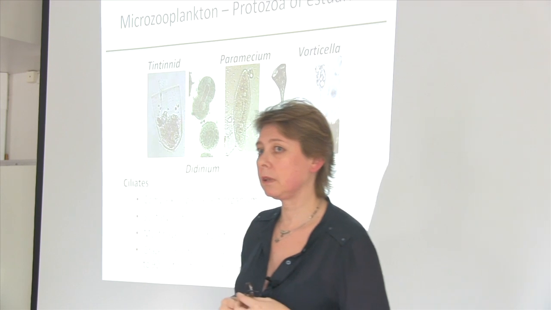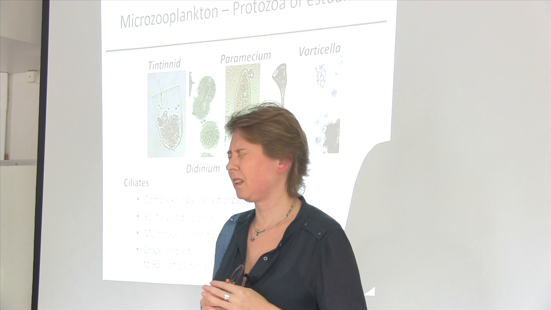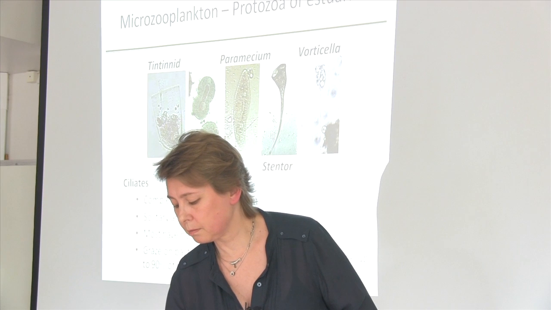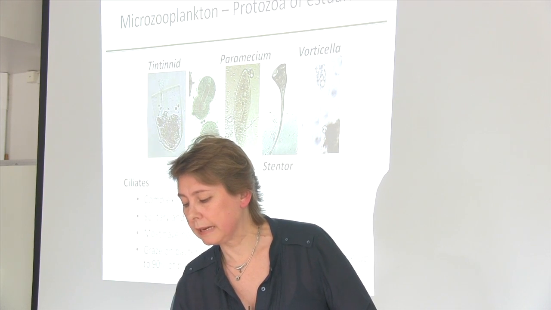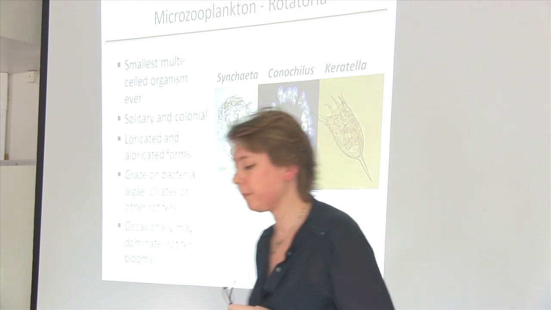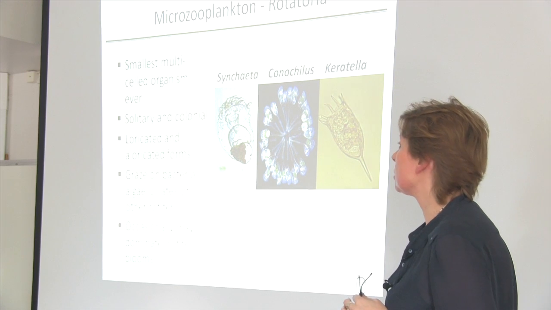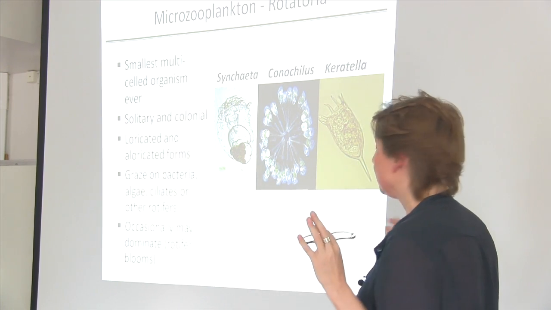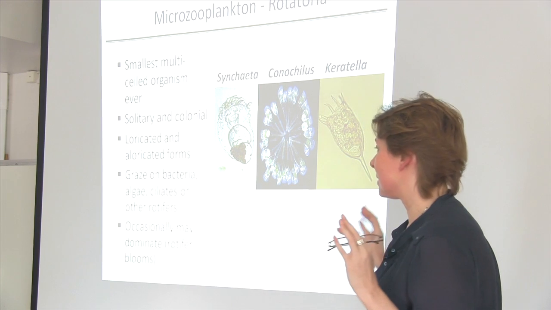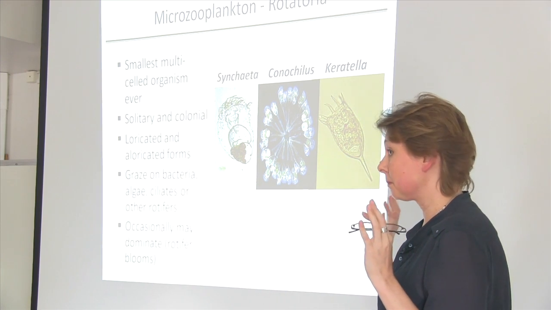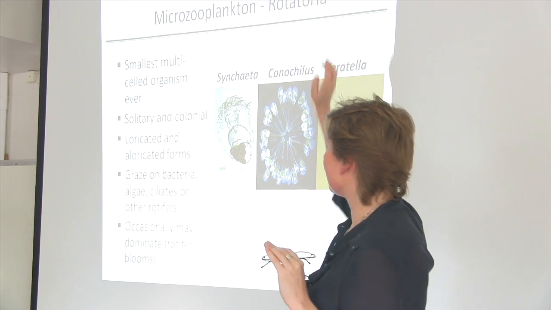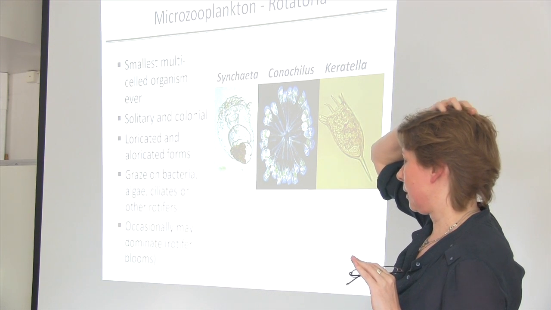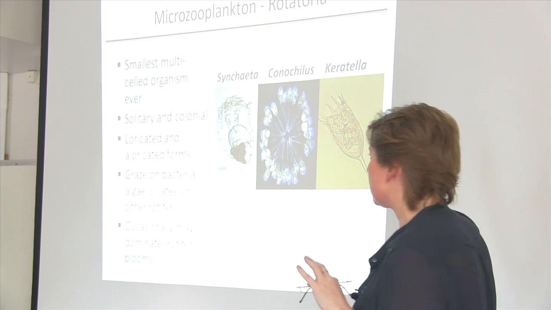The group in the Umeå Marine Research Center works quite a lot on ciliate-bacteria interactions. Rotifers, those are the smallest multicellular animals on Earth, which is kind of funny, I think, because the body size is really crucial in terms of feeding, in terms of food web interactions. They also could be solitary and colonial.